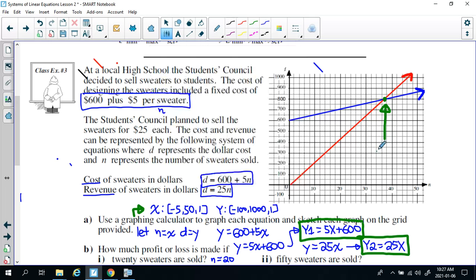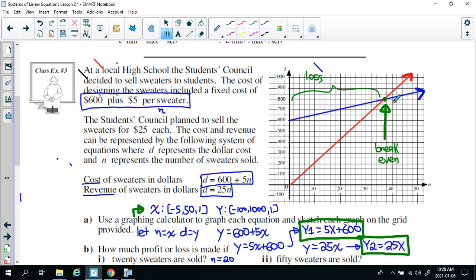Okay, so we break even. That's the spot where my cost and my revenue would be equal to each other. What this actually means is, and we'll determine how many sweaters you need to sell to do that in a second, if you sell a number of sweaters that would fall below the break-even point, it means that you would have a loss.